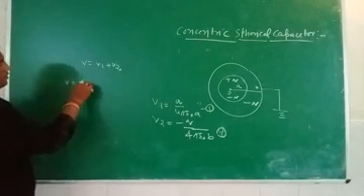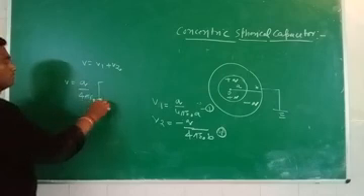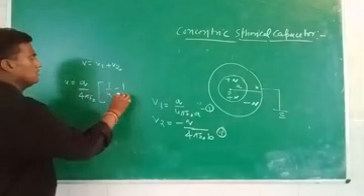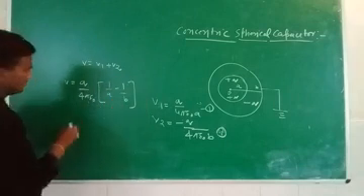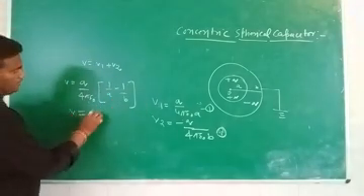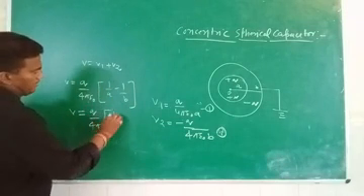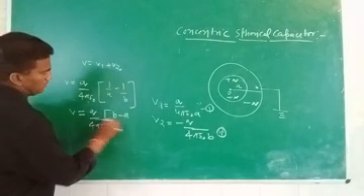Therefore, Q upon 4 pi epsilon naught is common in this term. Now the relation is 1 by A minus 1 by B. Then the value of potential is Q upon 4 pi epsilon naught times B minus A upon AB.